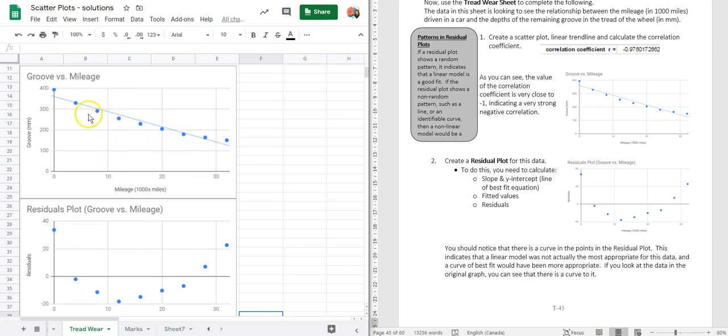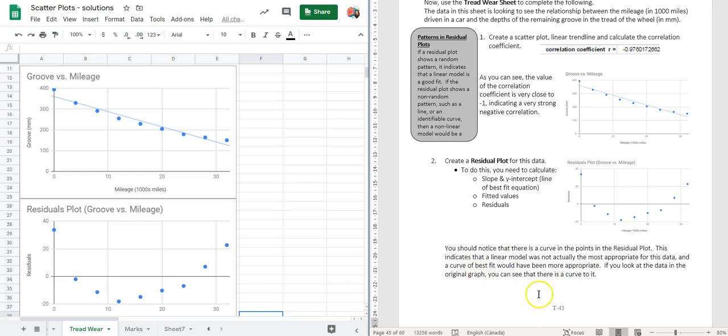If you were interpolating, so using predictions within this, the points aren't that far away from the line, but if you were to extrapolate way out here, the line's going to continue out here, but the curve may continue this way, or might even go back up or something. So this tells you for sure that those points are forming a curve, and a linear trend line is not the best idea.